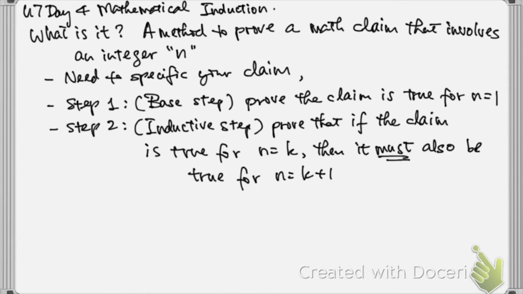And by combining step 1 and step 2, we can prove that the claim is true for all values of n greater than or equal to 1. Okay, so let's do an example.